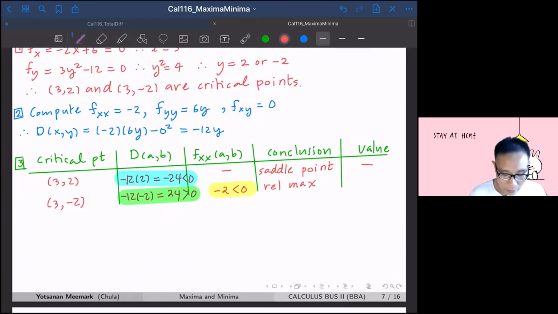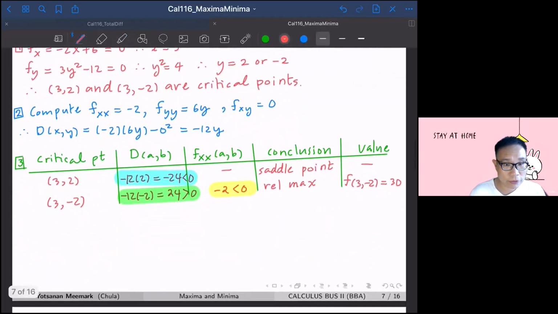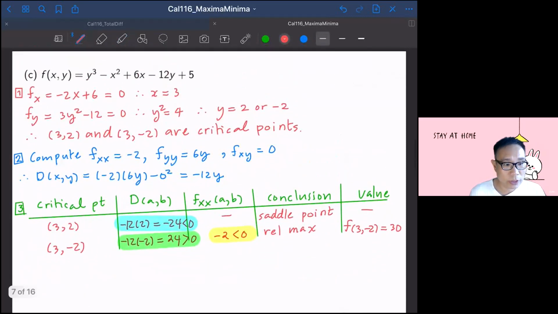For the relative maximum, you compute the value f at 3, negative 2, and this turned out to be 30. You just plug into the original function and obtain the solution. So this is the table for the third step.